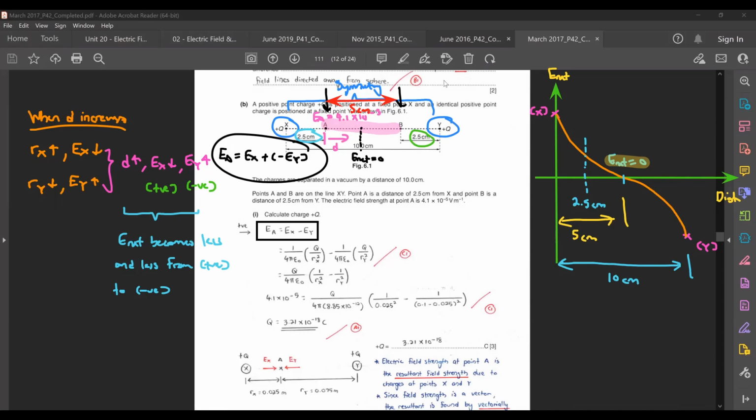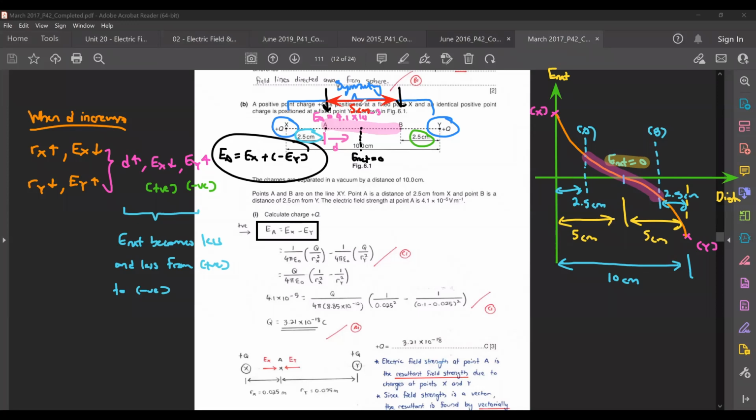So if you can see from here, here to here is 5 centimeter. Point B is 2.5 centimeter away from point Y, it's going to be somewhere here. This one is 2.5 centimeter away. This one is point B. And then point A was also 2.5 centimeter away, but it's from point X. So the graph that you want to plot right now in your question is actually this particular part here.